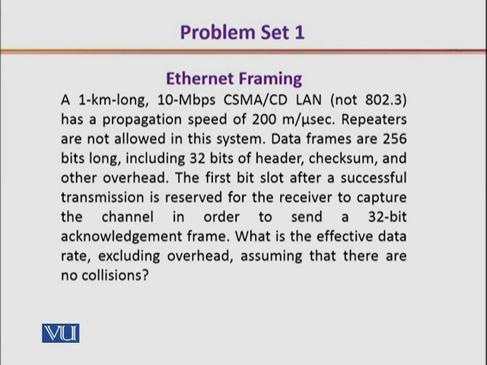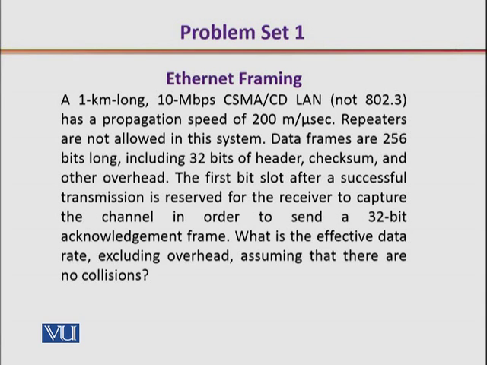This is going to have a propagation delay of 200 meters per microsecond. You can determine the speed for yourself. Assuming that repeaters are not involved in the system, because if the repeaters were involved, then the repeater operation also takes some time.